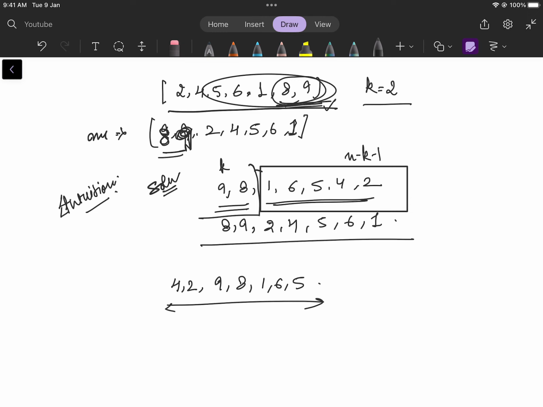I don't think that it should not work. Somebody told me that it will also work. So if we reverse the whole array, it will also not work. That's a bad idea, I think.